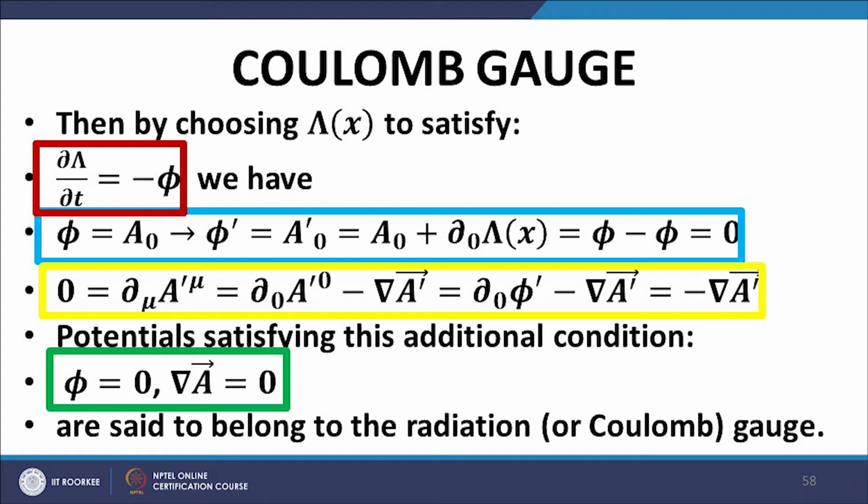For this purpose, we impose the Coulomb gauge to make the definition unique. How do we do it? We impose the following requirement, which is given in the red box here.